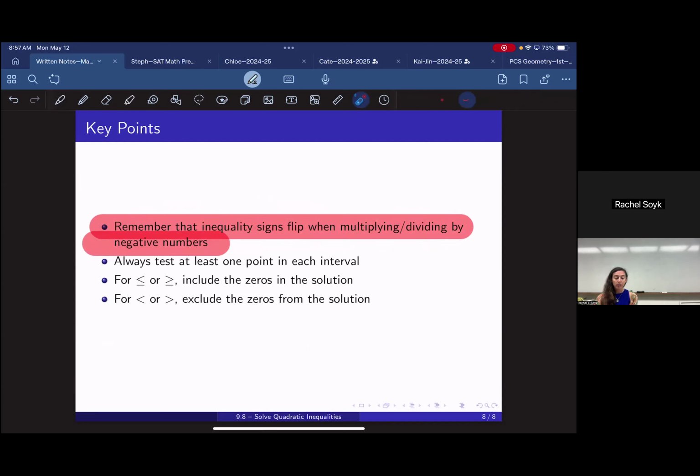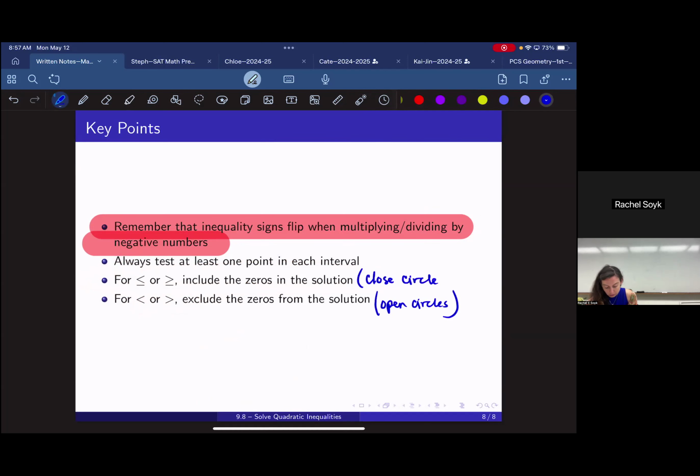And then we always need to test at least 1 point in each of the intervals to see where is it positive, where is it negative. Then for the inequalities that have underlines, we want to include the zeros in the solution. Where it's not, we're excluding it. So what does that mean? We have open circles here. And we have closed circles here on our number lines.